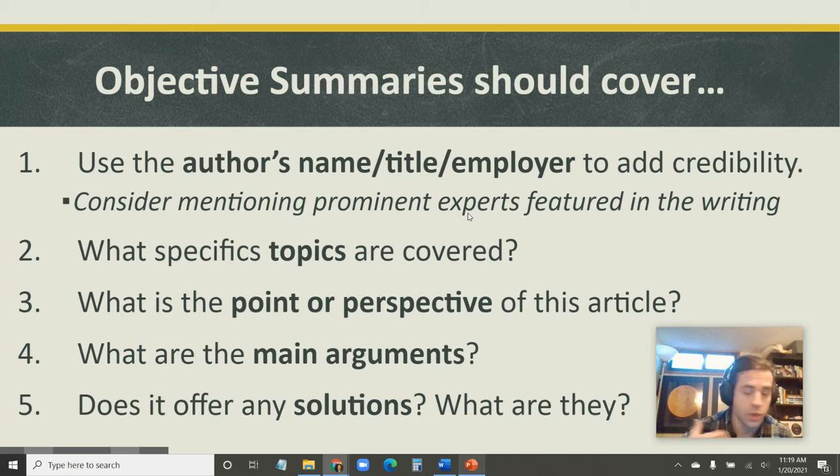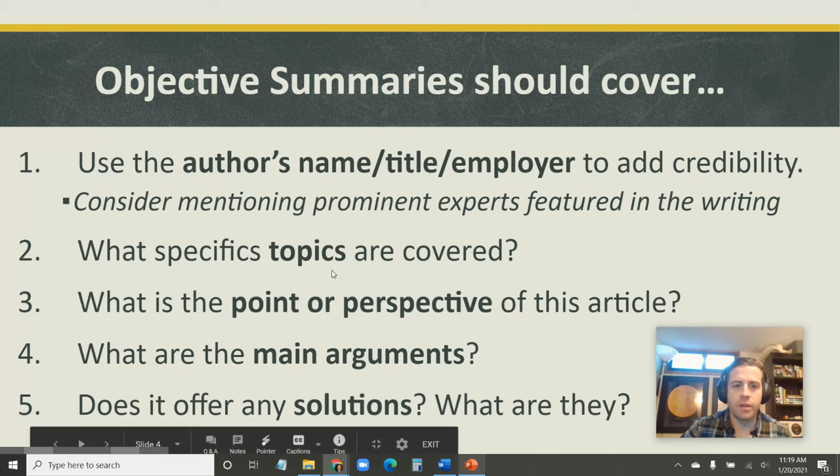So a lot of times you'll read news stories, articles written by reporters or journalists, and they themselves may not be experts in this field, but they're probably interviewing experts, and it would be really helpful for you to tell me who these experts are that are being quoted. And it's good evaluation for you too, to try and look for that credibility in a source.